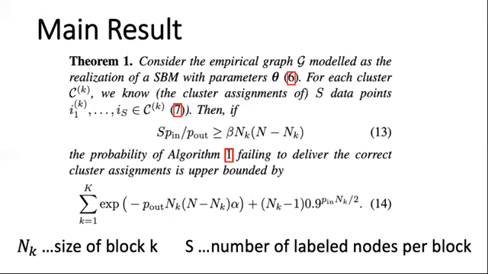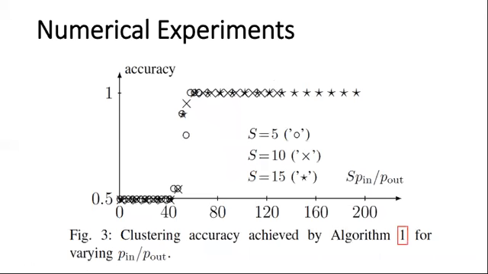So we know S cat persons, and we know S persons that are dog persons. And our condition indicates that, for fixed block sizes, the relevant quantity that determines if total variation minimization works is the product of the number of labeled nodes per block times the ratio of the edge probabilities.